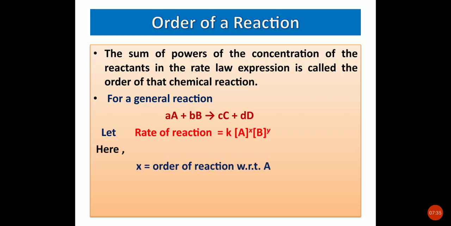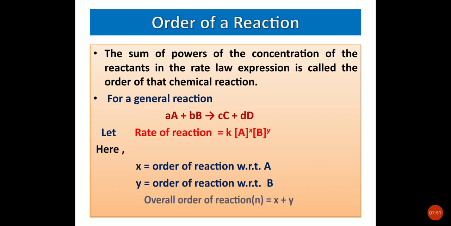Here, X is the order of reaction with respect to A and Y is the order of reaction with respect to B. A considers X as its order, B considers Y, and the overall order of the reaction is X plus Y. So overall order of reaction, we can represent as n, is equal to X plus Y. So the order of reaction is the sum of the powers of the concentration of the reactants in the rate law expression. So for rate is equal to K into concentration of A raised to X, B raised to Y, here X plus Y is the order of the reaction.